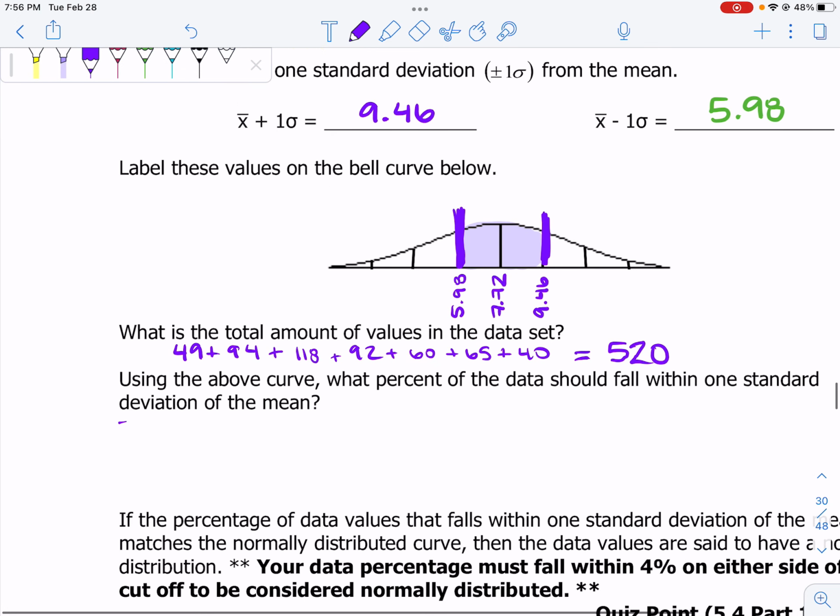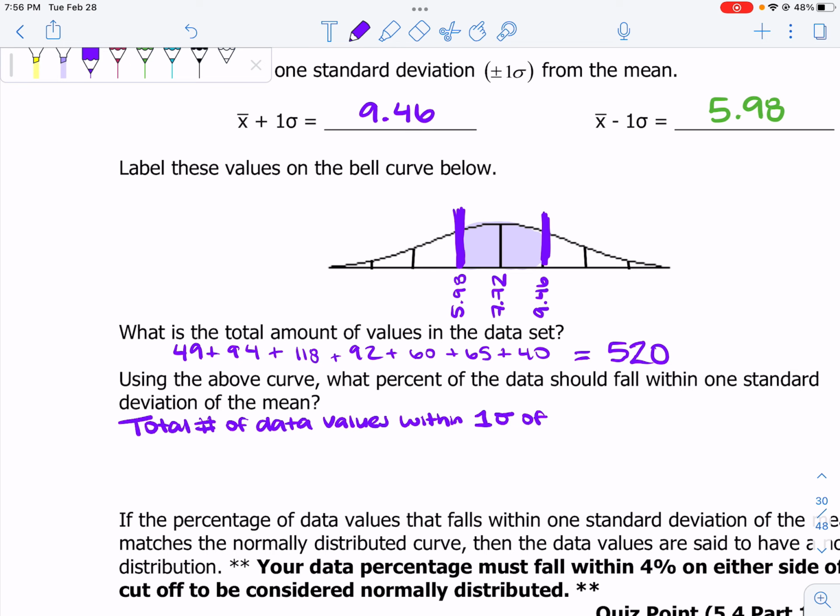I'm going to write down what we're looking for: the total number of data values within 1 standard deviation of the mean.